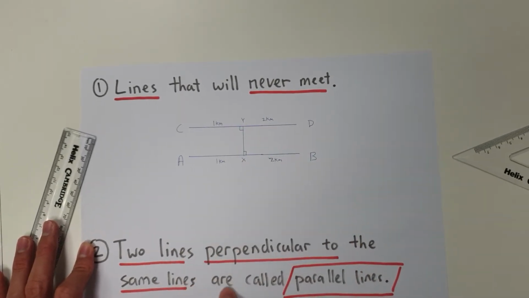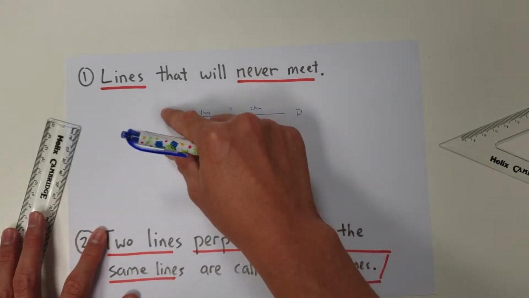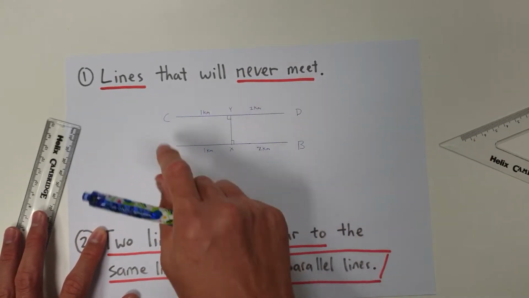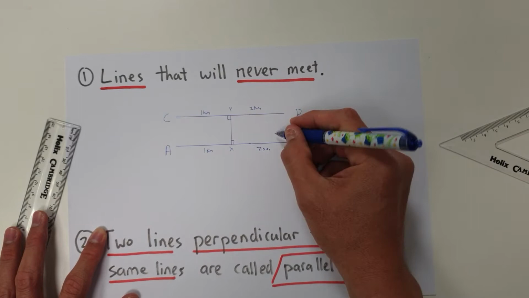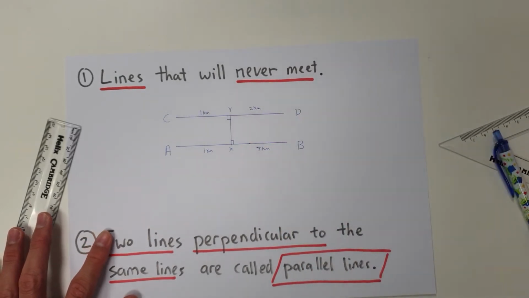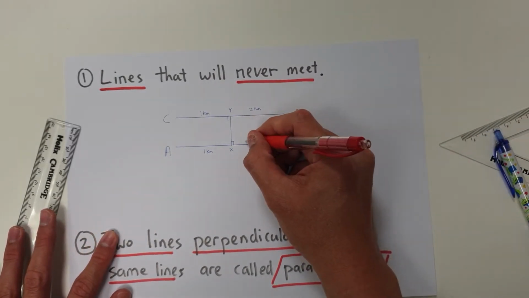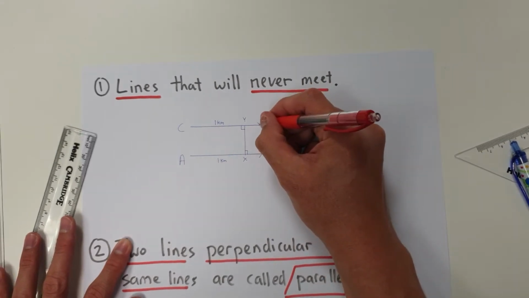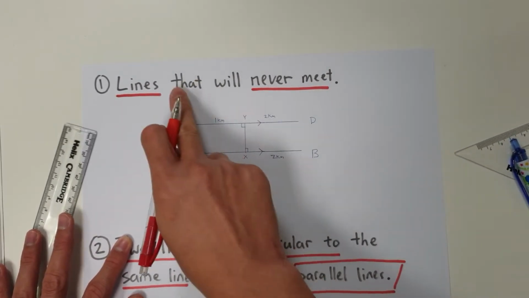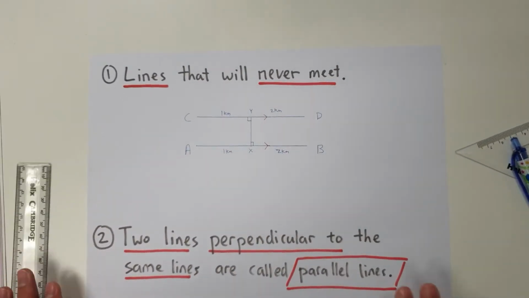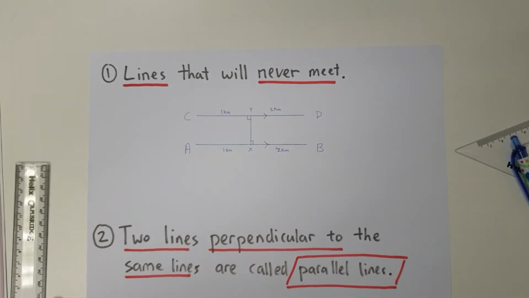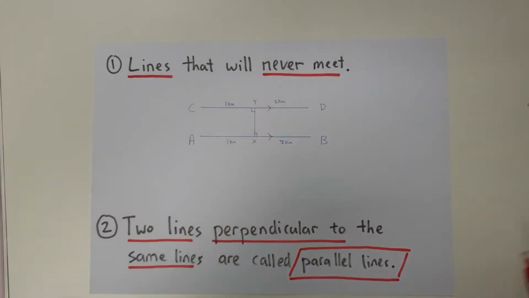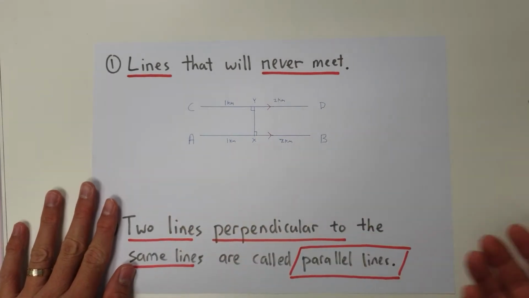Joining the two are called parallel lines. So the analogy of the road means that these two parallel lines will go on forever and ever. We use the annotation of an arrow going on forever and ever, and they will never meet. So that is what it means by parallel lines. And how would we name these parallel lines?